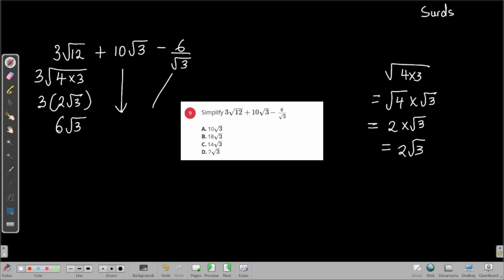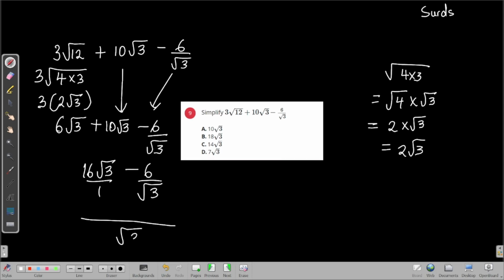I'll bring this one down, plus 10 root 3 minus 6 over root 3. So I can add 6 root 3 plus 10 root 3, 16 root 3 minus 6 over root 3. So let's find the LCM. The LCM will be root 3. Root 3 divided by 1 is root 3.